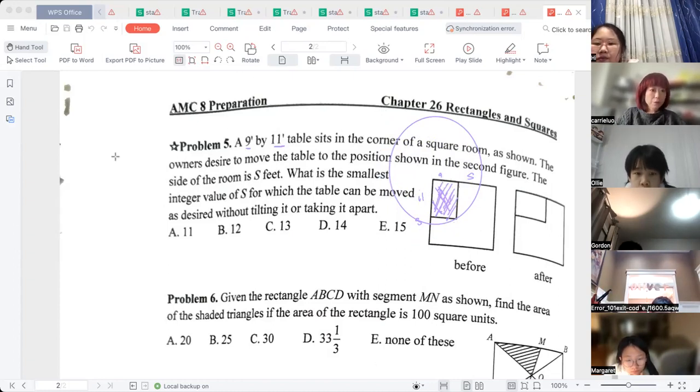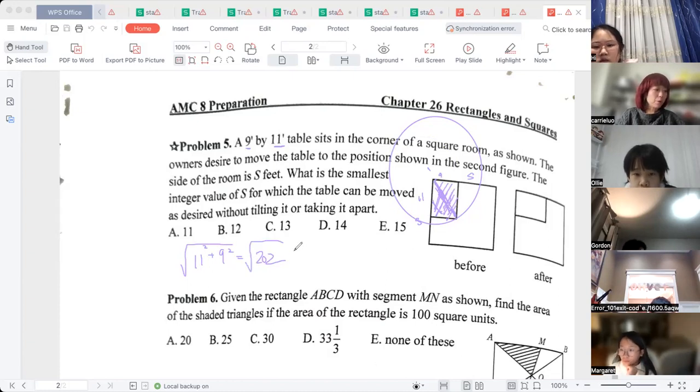So obviously S equals the square root of 11 squared plus 9 squared, which is the square root of 202, because the diagonal is very important, right? You are moving it using a circle whose radius is the diagonal of the rectangle.